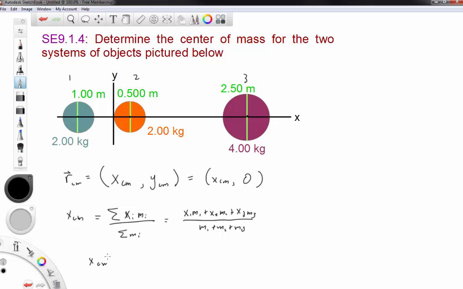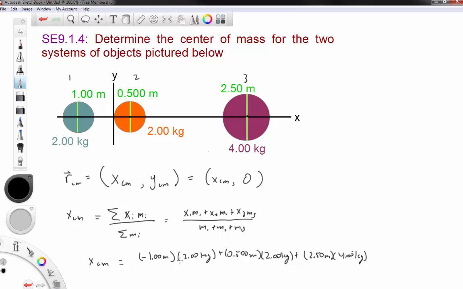So that means that for our center of mass in x, we have x1 is 1 in the negative direction. So this is negative 1.00 meters times 2.00 kilograms plus 0.500 meters times 2.00 kilograms plus another 2.50 meters times 4.00 kilograms.